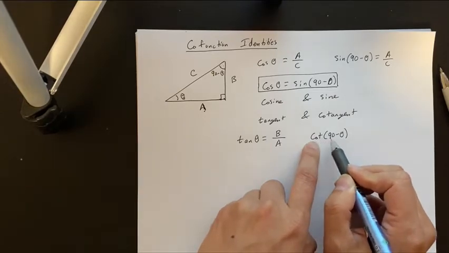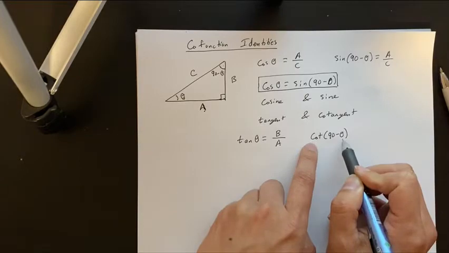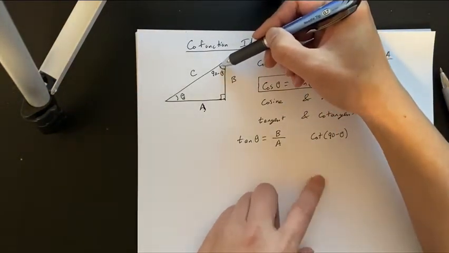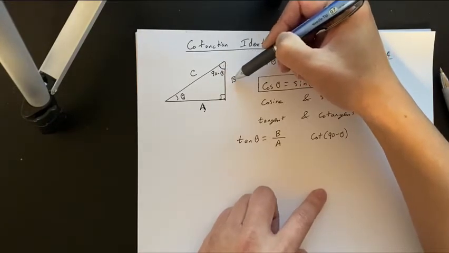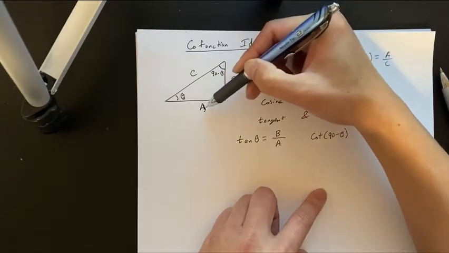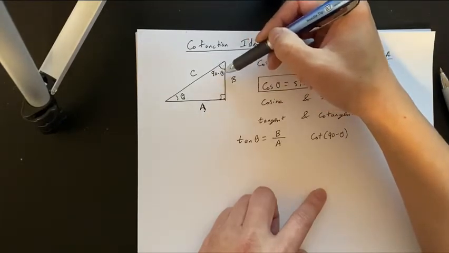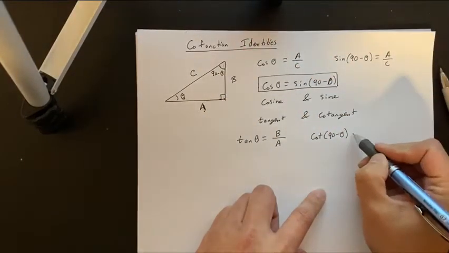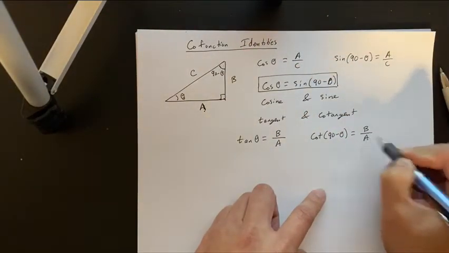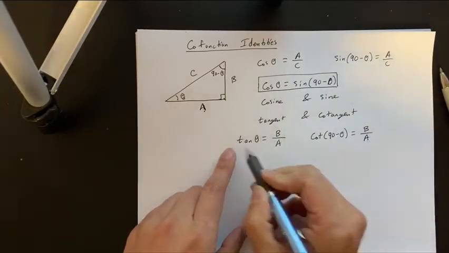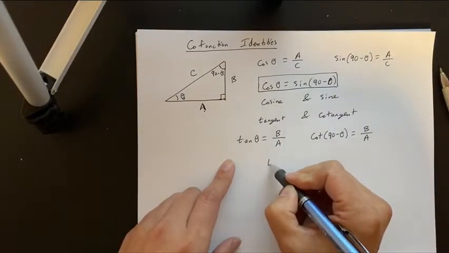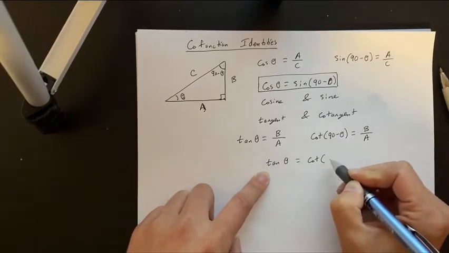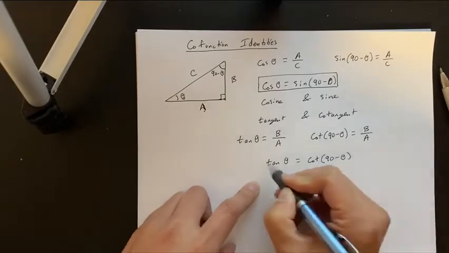In reference to the angle 90 minus theta, I'm going to look at adjacent, which is B, and opposite, which is A. So cotangent of 90 minus theta will be adjacent over opposite, so that's B over A. And look at that, that's the same thing as tangent. So again, we'll write tangent of theta is the same thing as cotangent of 90 minus theta.